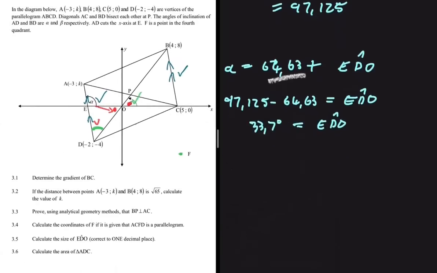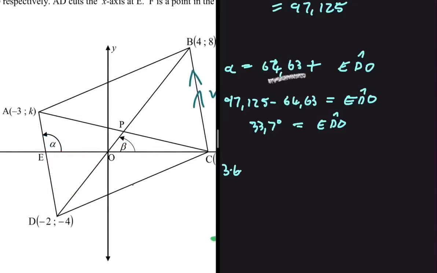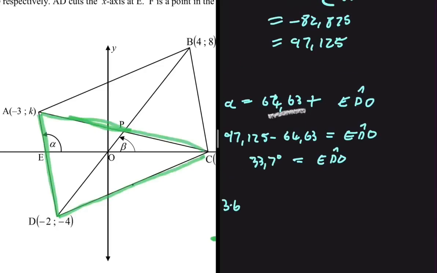The last question, let's do the last question. We're supposed to calculate the area of ADC. Let me highlight ADC because I cannot even see it. It's just a mess. A is right here, and then D is right here, with C right here. Because our shape is a rhombus, we have a 90 degree angle here, and if that is the case, then we can take AC as our base and DP as our height.